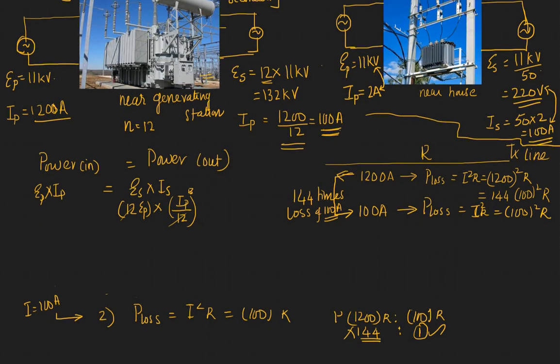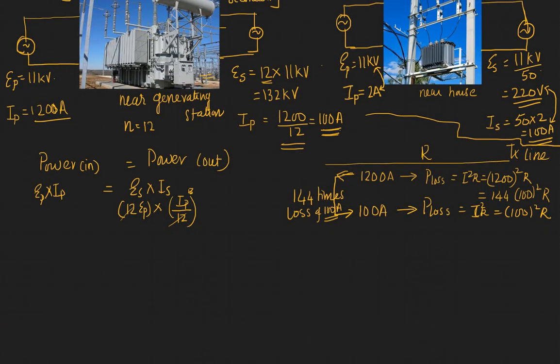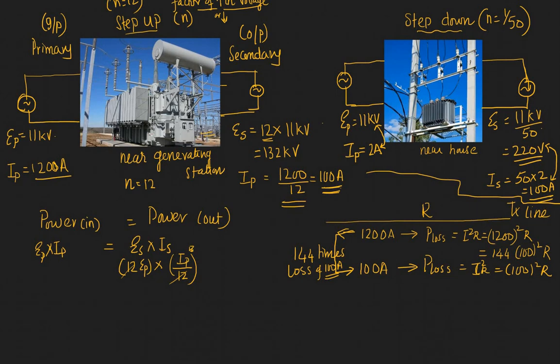Now let's see how we achieve this in the next video. In the next video we'll talk about how transformers achieve stepping up, wherein you step up your secondary to N times the primary, and N is greater than 1, for example 12.